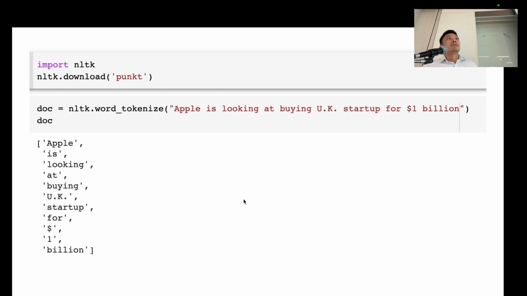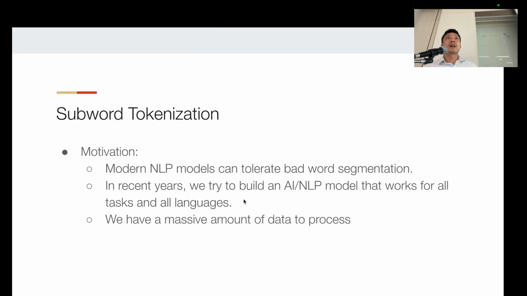Cool. That's word tokenization, but I need to teach this one because that's what we use now for all large language models. ChatGPT, GPT-4, Claude, Gemini all use this kind of tokenization. Why? Because who has time to look at each language individually?